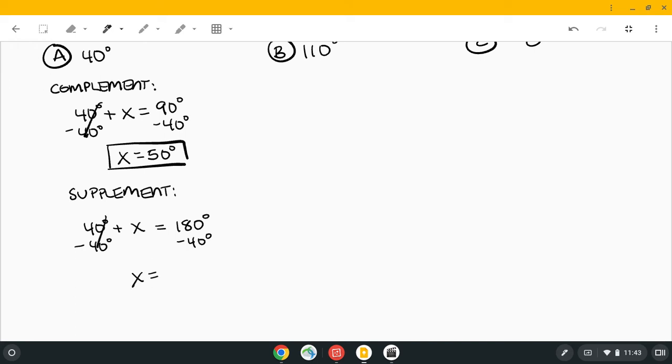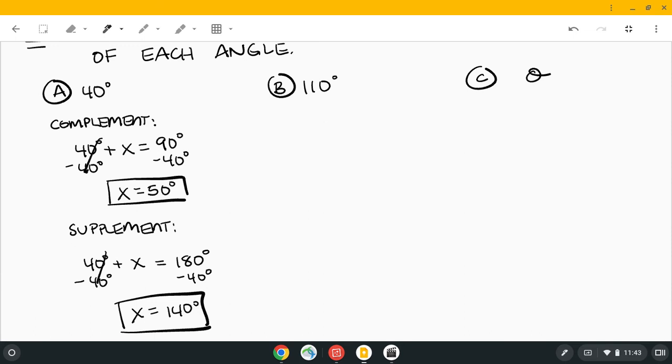We get x is equal to 140. So that's how you find the complement and the supplement. Why don't you go ahead and try that with letter B, and then check back with my answer. Hit the pause button.